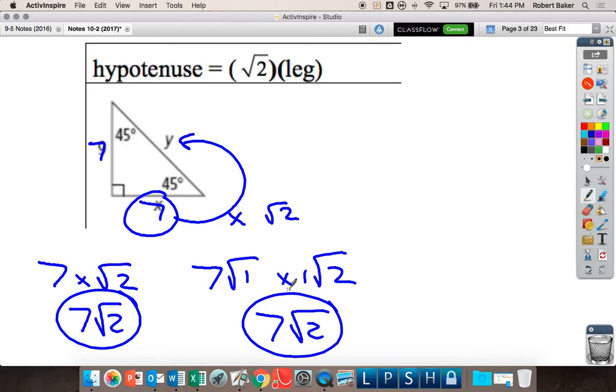Does that make sense? So look, we have the whole triangle, and we didn't do a squared plus b squared equals c squared ever. These are special right triangles. It takes a lot of mental math, but you can still write it down. So that's going from a leg to the hypotenuse.